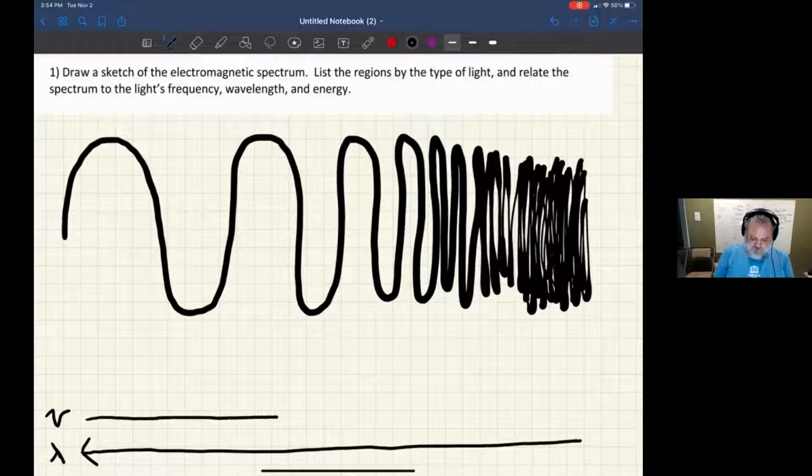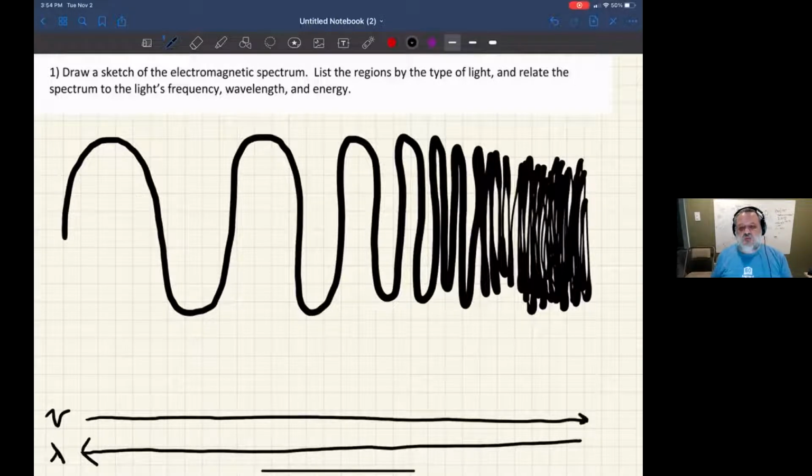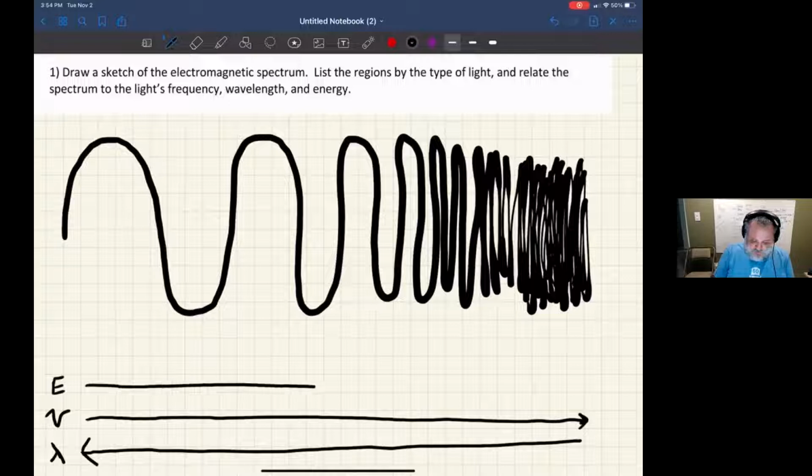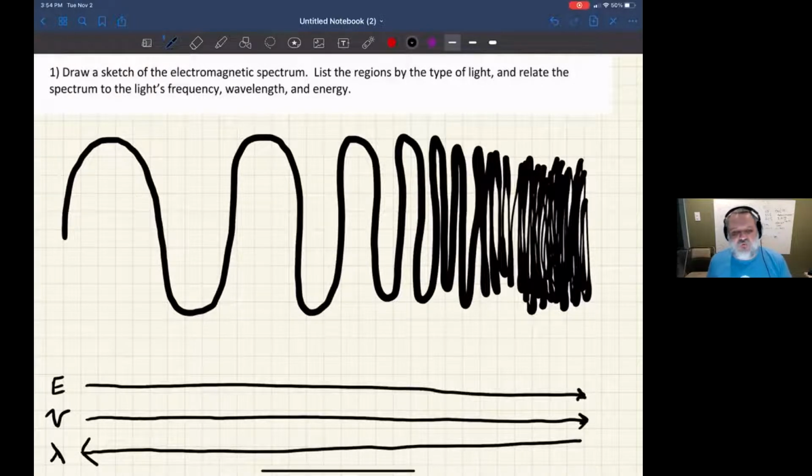So the frequency goes the other direction. And energy is the same relationship as frequency. And so now if someone asks you a question about a particular wavelength, you can say, is it higher or lower in frequency, or is it higher or lower in energy?